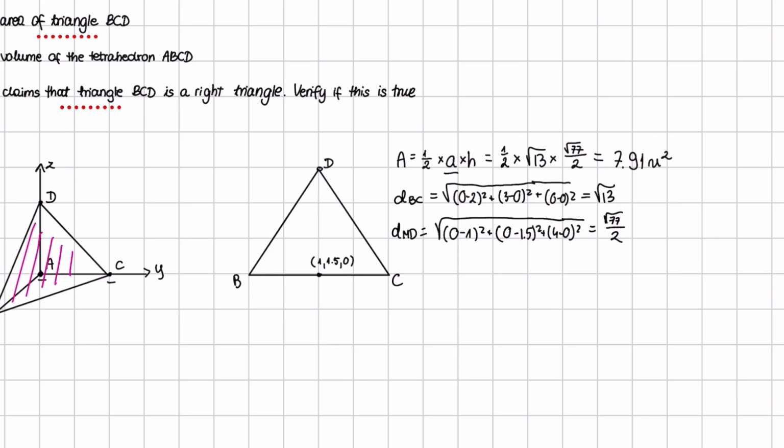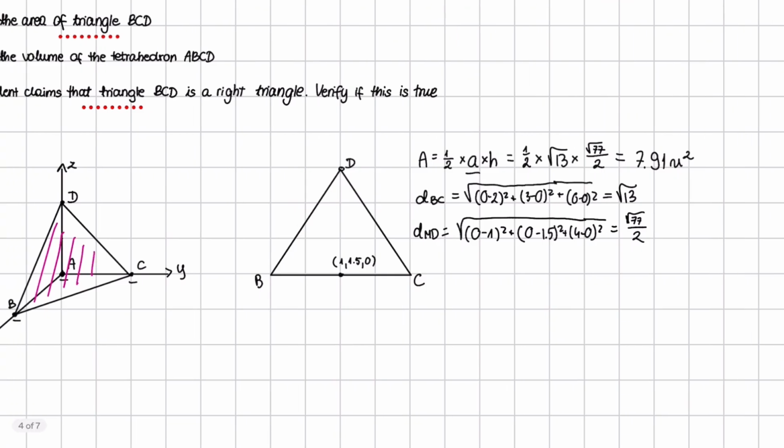So I think that this was an easier way than calculating it from the vector product and area of parallelogram, because you have to just understand it, and then it's easier than you may think.